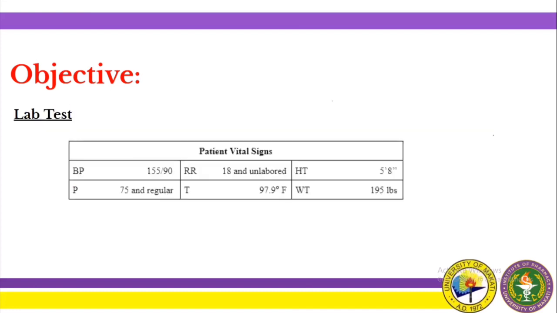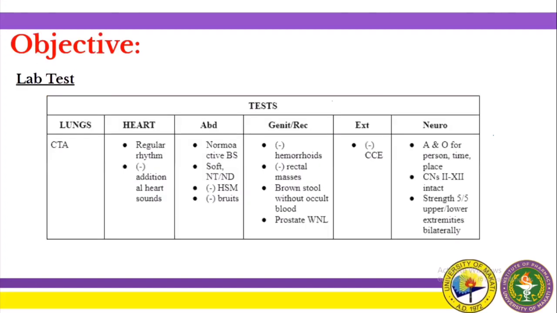For the lab test results, here are his vital signs. BP 155/90, respiratory rate 18 and unlabored, height 5'8", weight 195 pounds, temperature 95.9 Fahrenheit, and pulse rate 75 and regular.